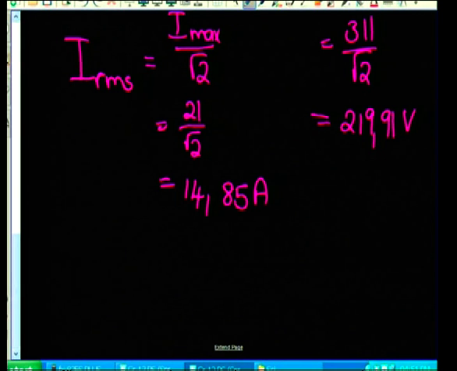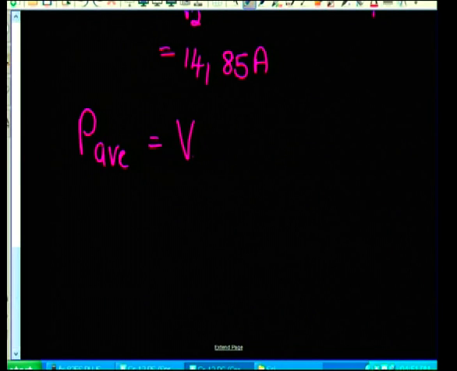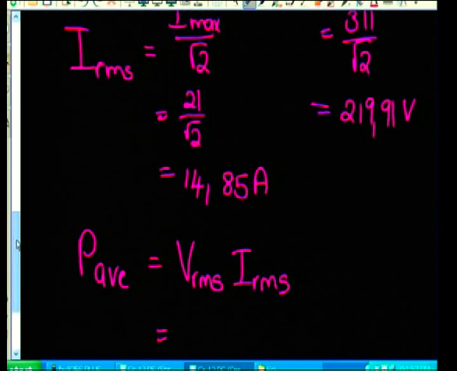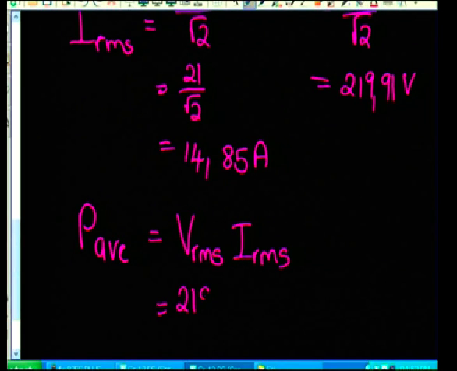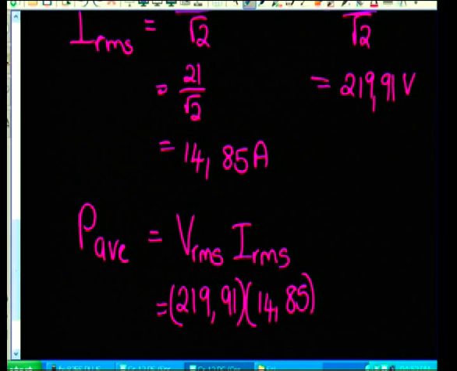Okay. I have VRMS, I have IRMS. Let's do this. P average is VRMS times IRMS. VRMS was 219,91. IRMS is 14,85.